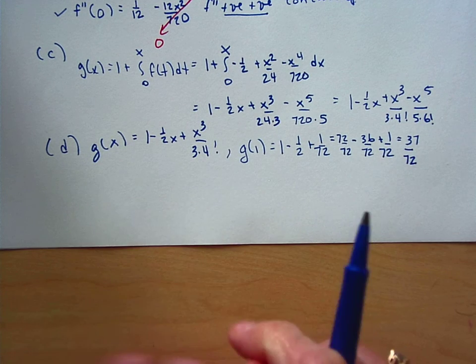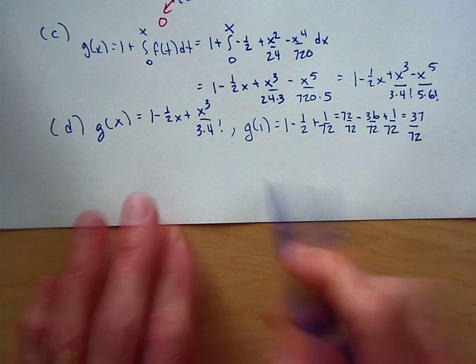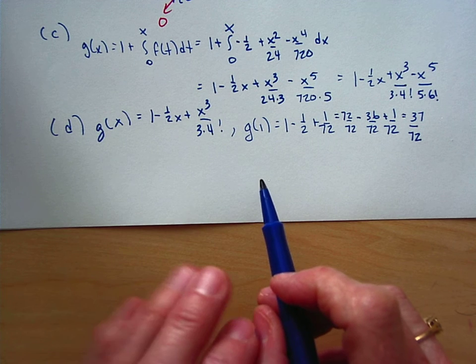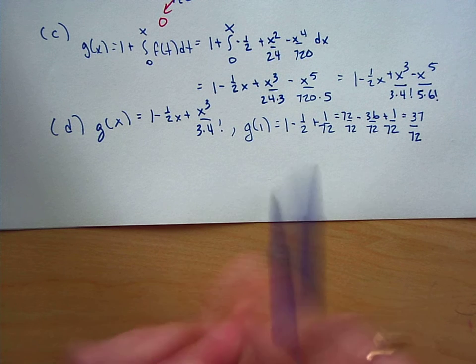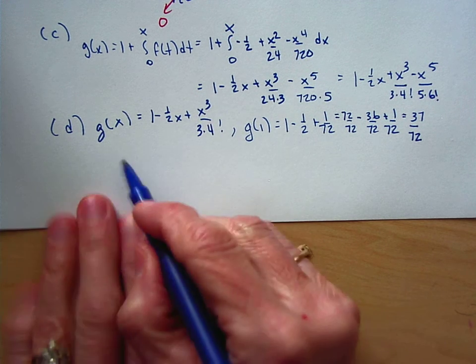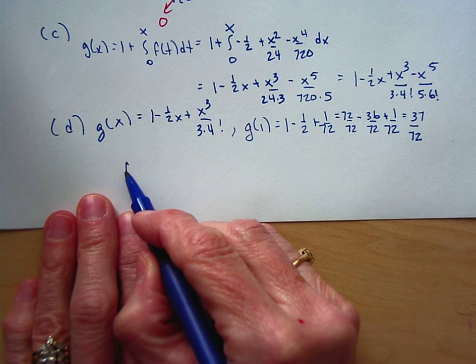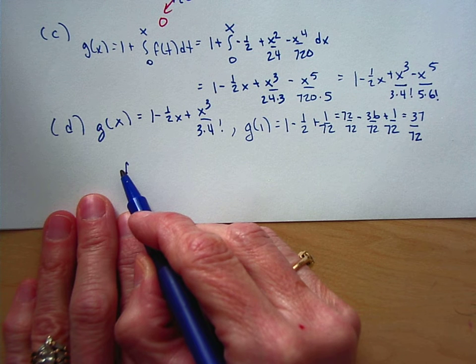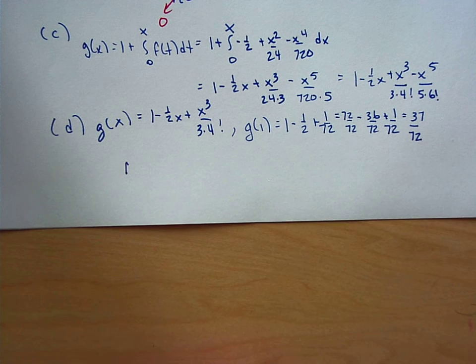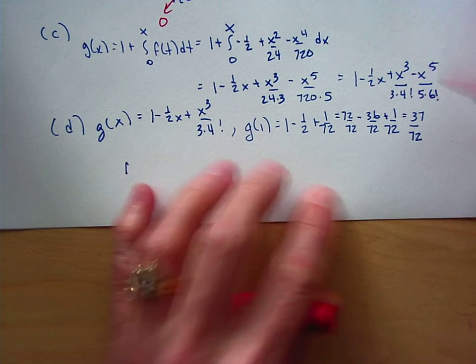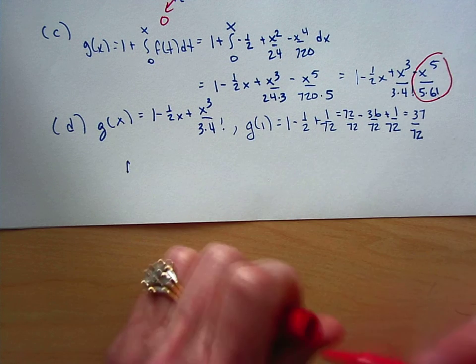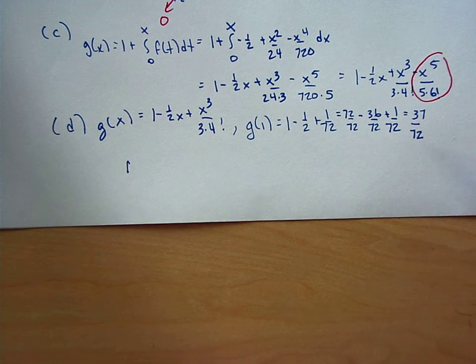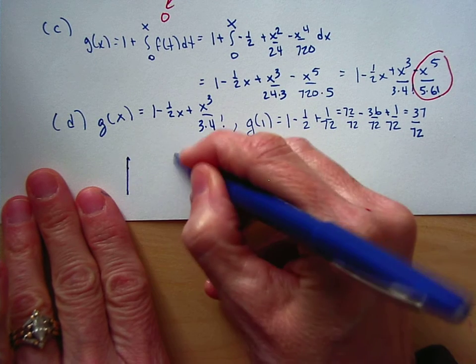Now we need to show that the error is less than 1 over 6 factorial. So we want to go back here and take this term right here and take the absolute value, because that gives us everything we need for this problem.